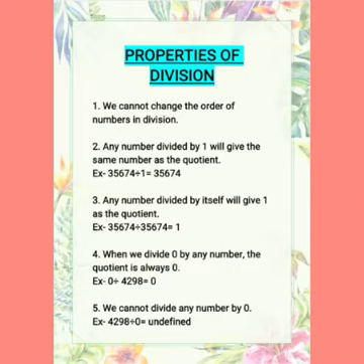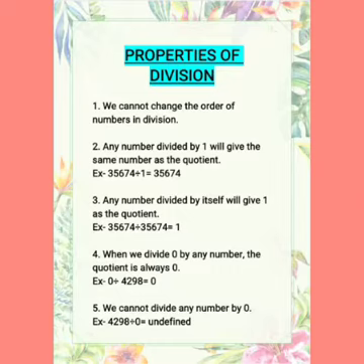Next property, when we divide 0 by any number, the quotient is always 0. 0 divided by 4,298 is equal to 0. In place of 4,298, there can be any number, but the quotient will be 0 if the dividend is 0.